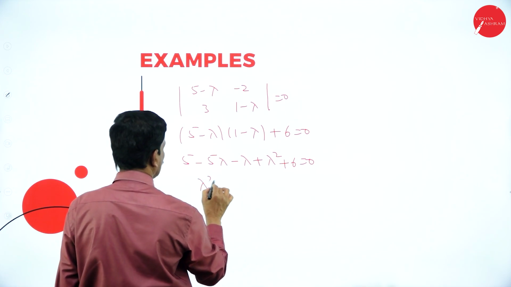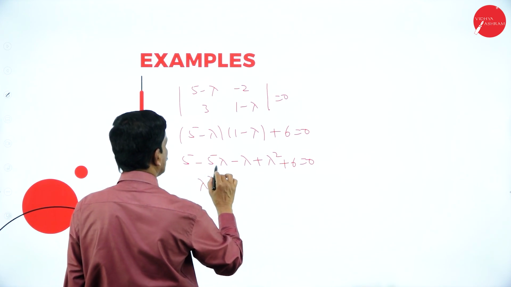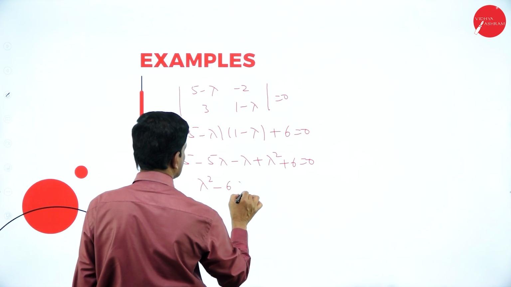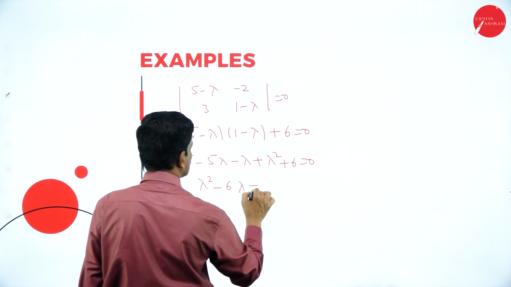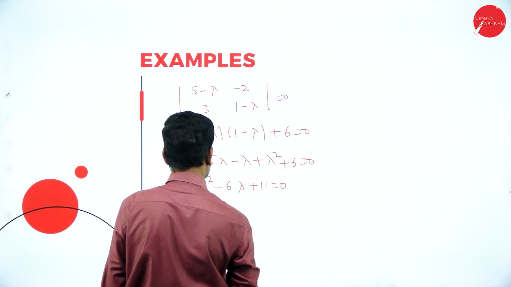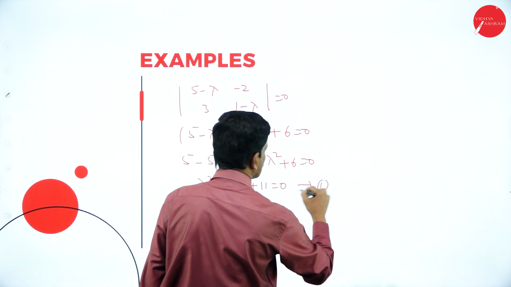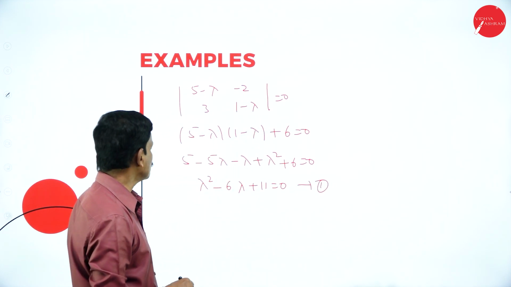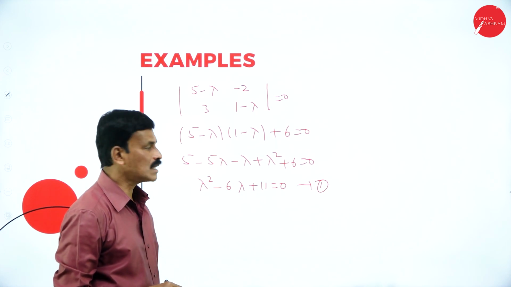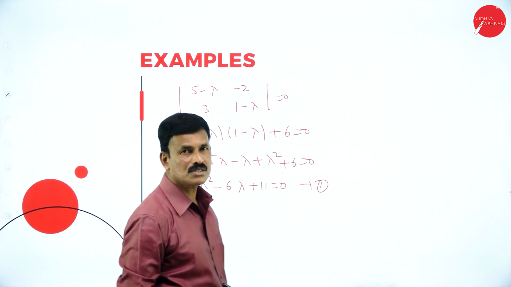Put it in order. First lambda square, minus 5 minus 1 is minus 6 times lambda, 5 plus 6 is plus 11, equal to 0. So this is the characteristic equation: lambda square minus 6 lambda plus 11 is the characteristic equation.